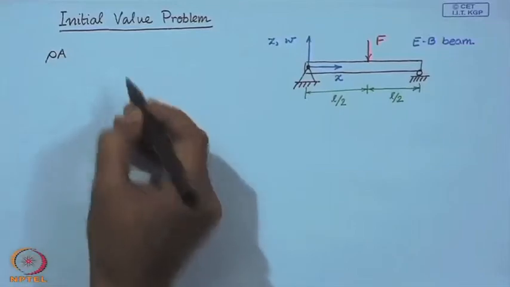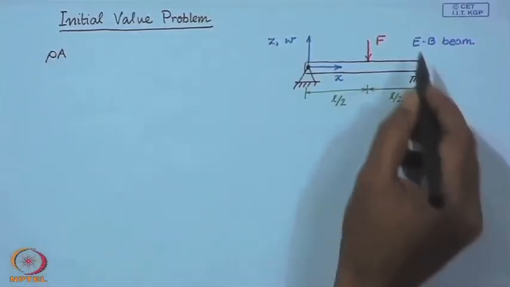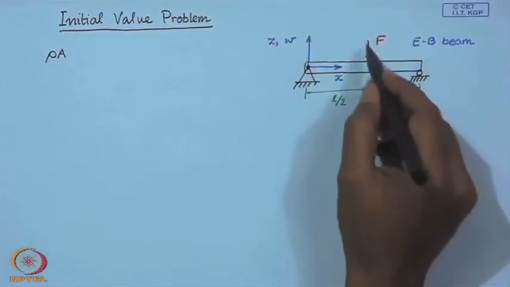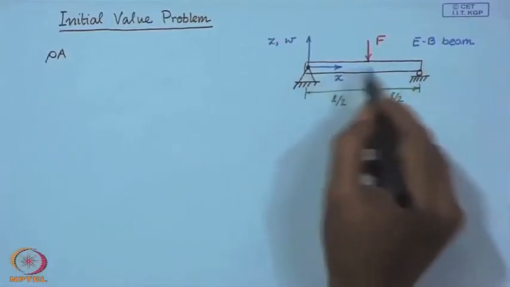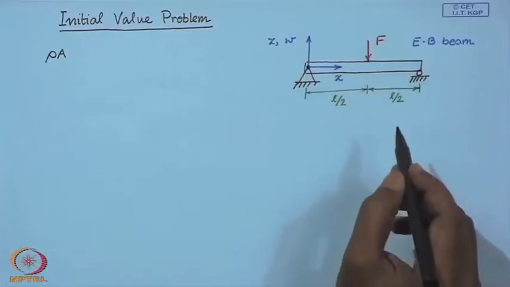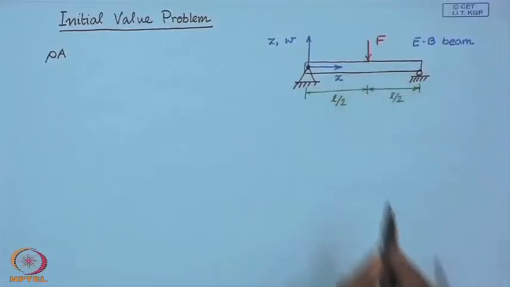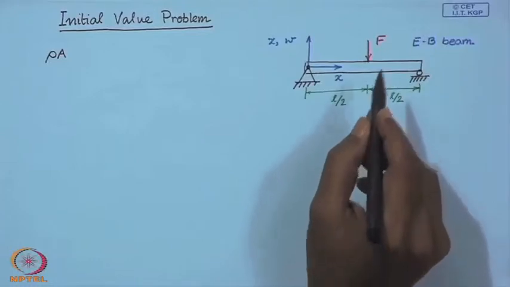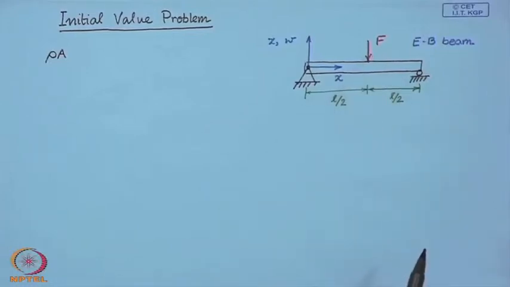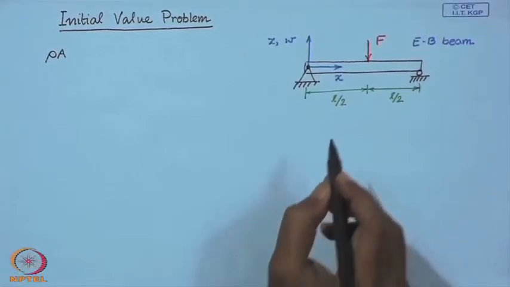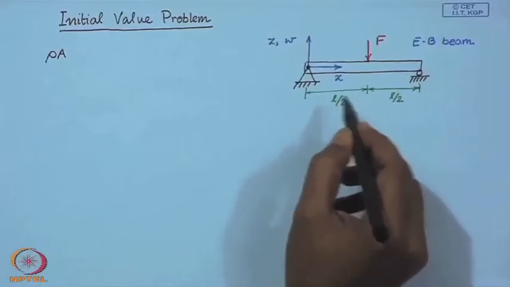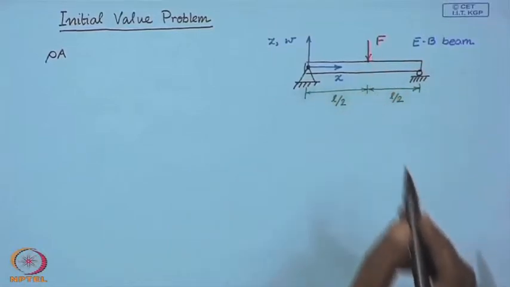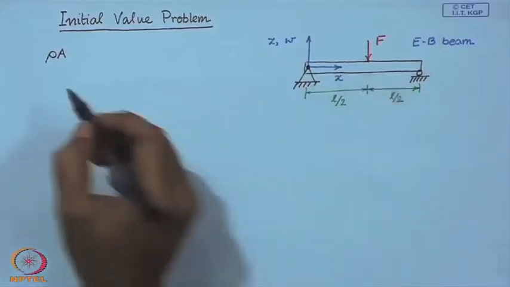The problem that we are going to address is like this: initially this beam is deflected under the action of this constant force F applied at the center of the beam, and at time t equal to 0 this force is switched off. At the point this force is switched off, the beam is going to spring back.